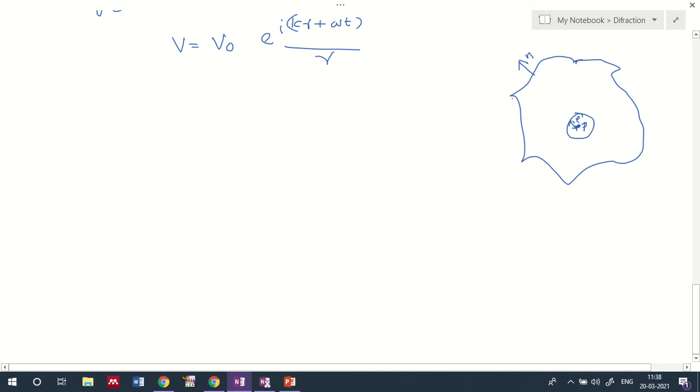So here we need to integrate over this area, a small area where we have the origin at P. If you consider a spherical wave, which will converge at P where r equal to 0, the radial distance r will be equal to 0 at this point.